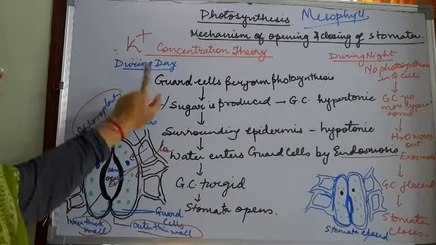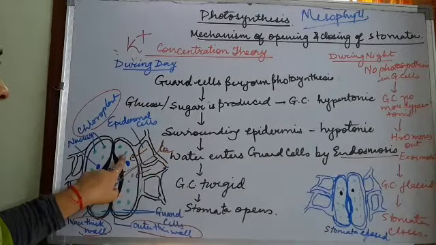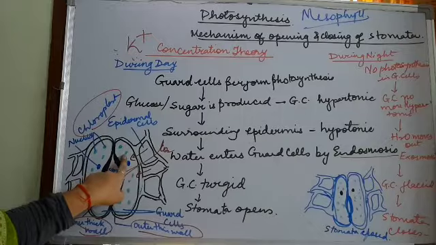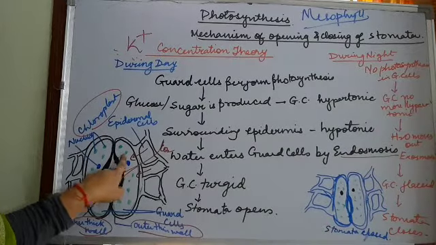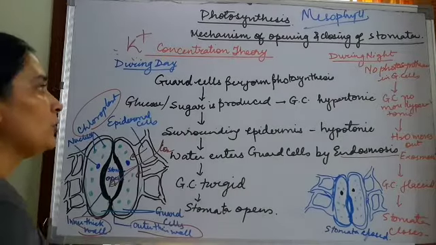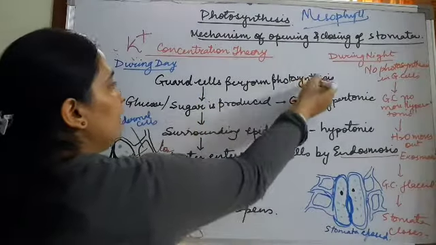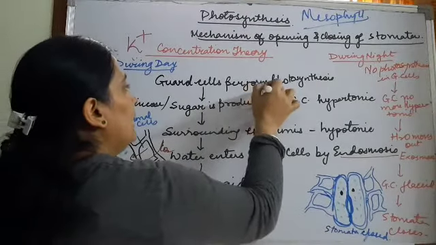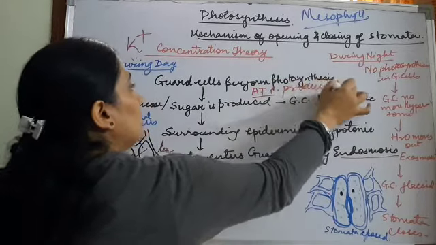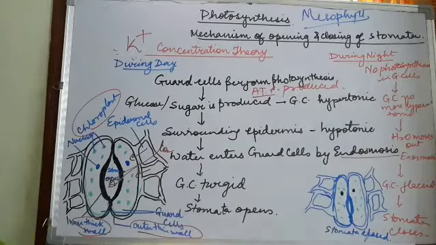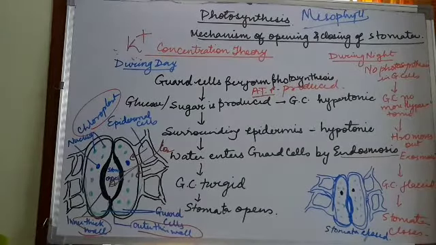The chloroplasts of the guard cells lead to the production of ATP. When the food is formed, that means ATP production is taking place. So when guard cells perform photosynthesis, ATP will be produced. Slowly, what will happen?